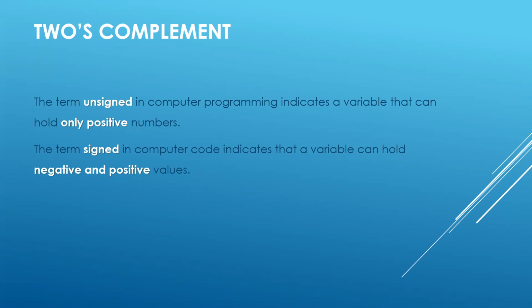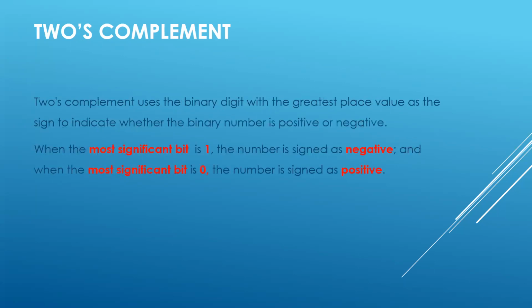Okay, are we ready for this very important concept of handling the signed value? And this is done through two's complement. Now, what happens if I am given a signed number? This is my major concern.